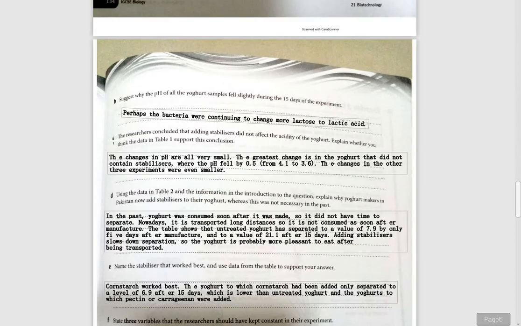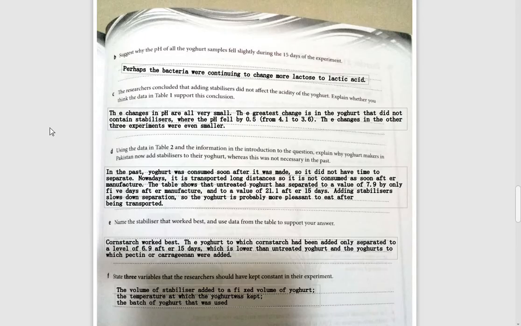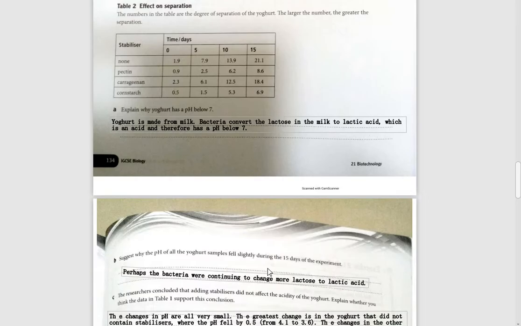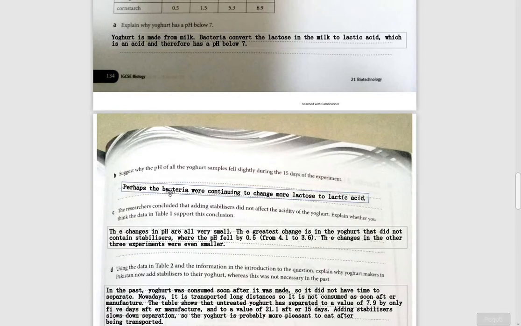So part B. Suggest why the pH of all the yogurt samples fell slightly during the 15 days of the experiment. If you see the table over here, the pH still reduced over the period of time. One possible explanation could be that the bacteria were continuing to change more lactose to lactic acid.